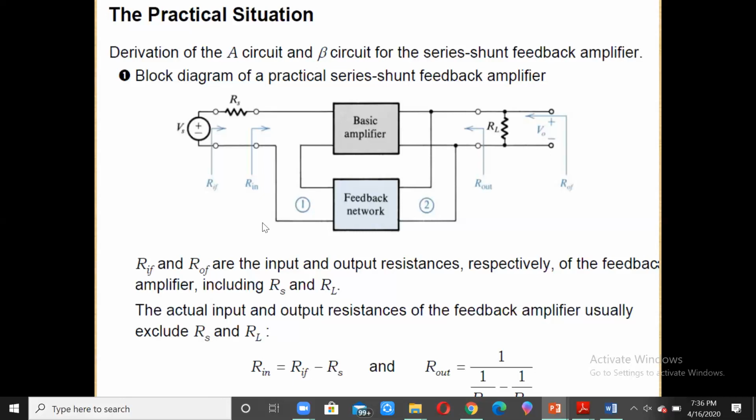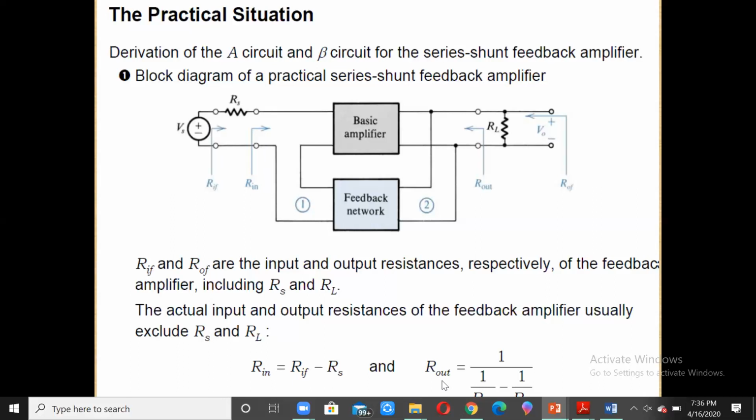Where is this RIF? RIF is here, that is before RS. Rin is after RS. Therefore, RIF is equal to RS plus Rin, so Rin is equal to RIF minus RS.